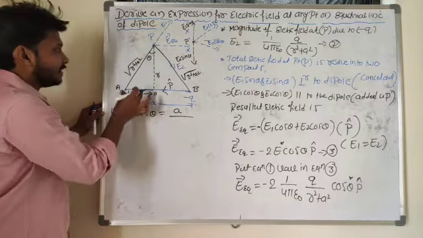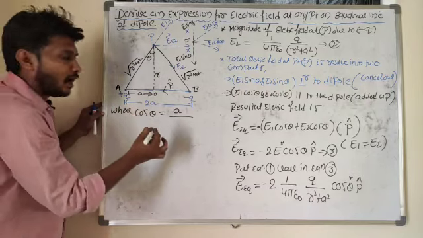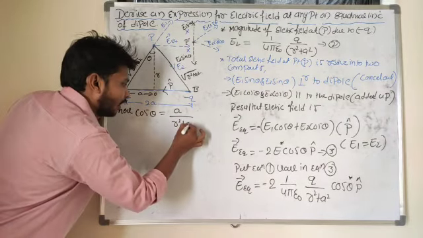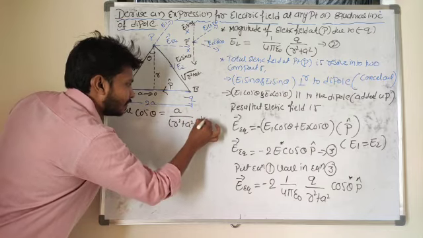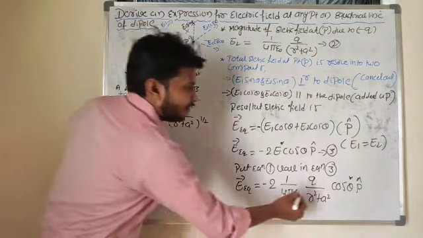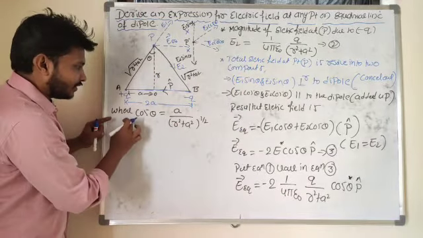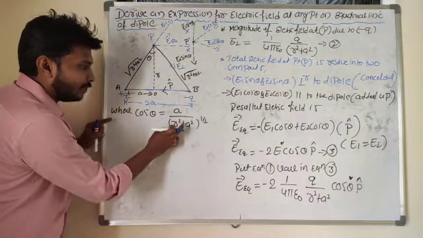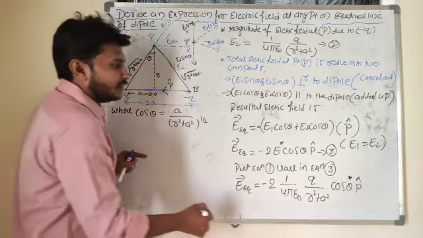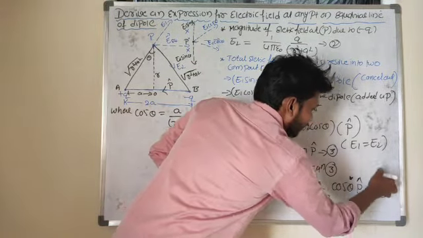Adjacent is A, hypotenuse is the square root of R square plus A square, that is, R square plus A square whole to the power of 1 by 2. So instead of cos theta, I will take that value, A divided by R square plus A square whole to the power of 1 by 2. I will name this equation 4.